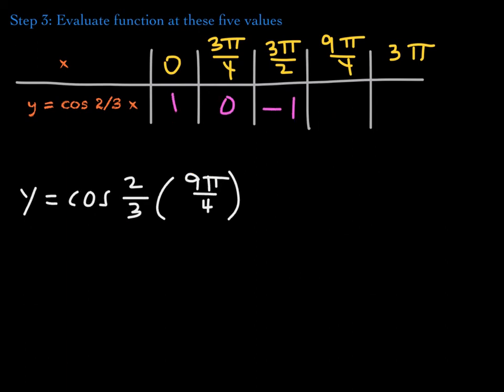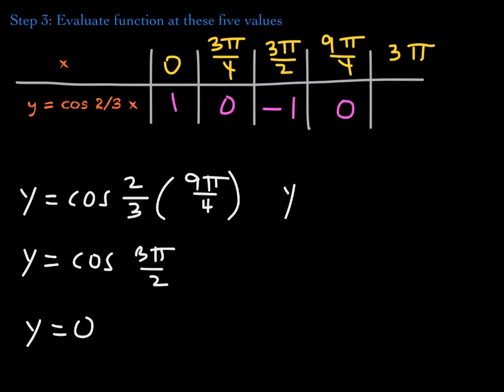All right, I'm plugging in 9 pi over 4. And let's see, this simplifies to 3 pi over 2. And cosine of 3 pi over 2 is 0 for sure. So the pattern holds true. One more to go. Y is equal to, and you should expect a 1 here, shouldn't you?